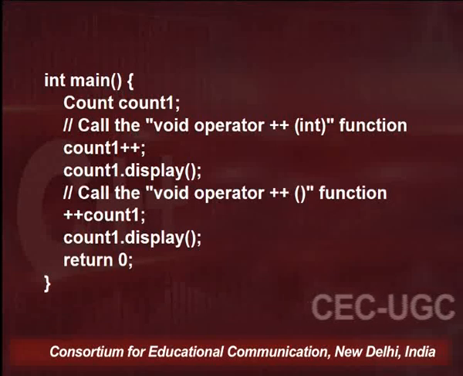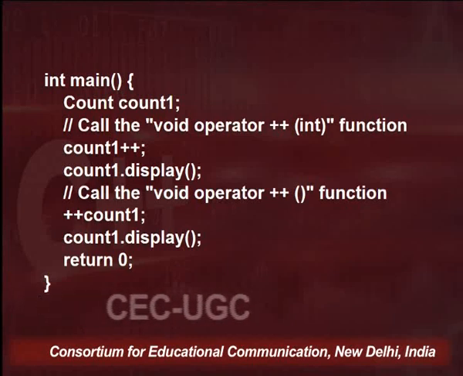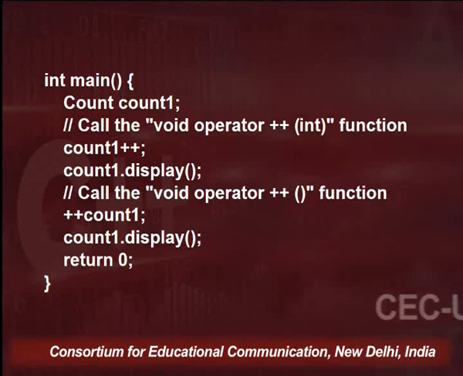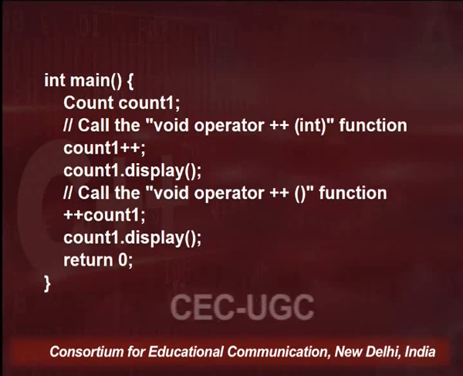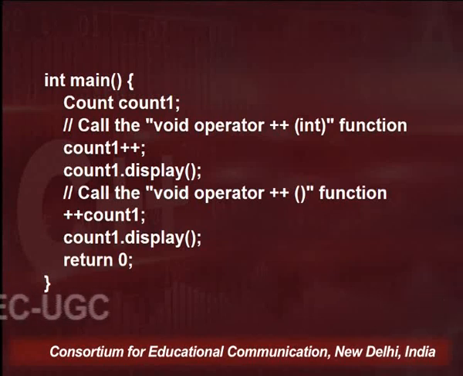Now inside the main, we have taken only one object of the class Count, which is count1. Then count1 plus plus means the postfix version of the operator is being called, and then we display it.